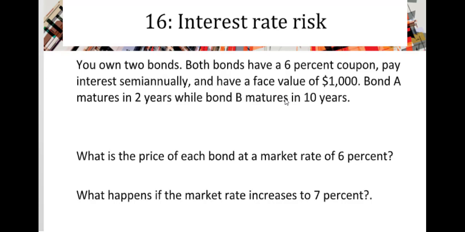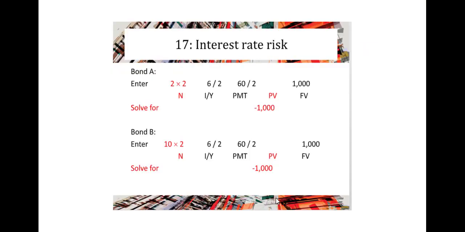So the price of the bond equals the face value. In the second case, the market rate increases to 7%. When the bond matures in 10 years and the market rate is more than the coupon rate, the market value of the bond will be less than the face value.